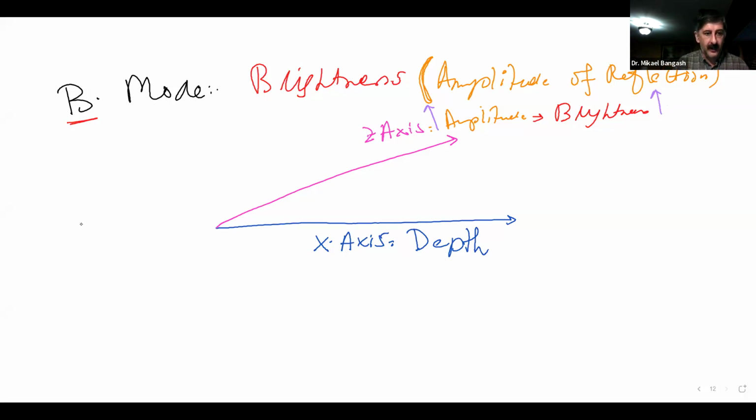Whereas on the other hand, if we have a low amplitude of the reflection that hits that invisible moving dot, it is going to just light up as a lesser bright or more dark. Did that make sense?